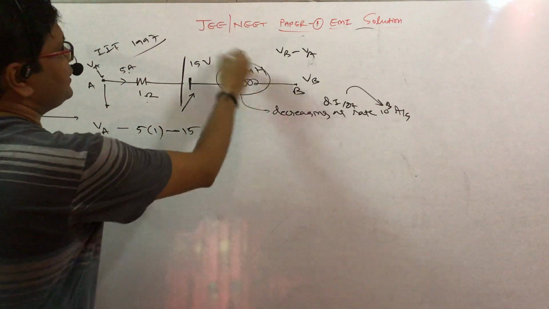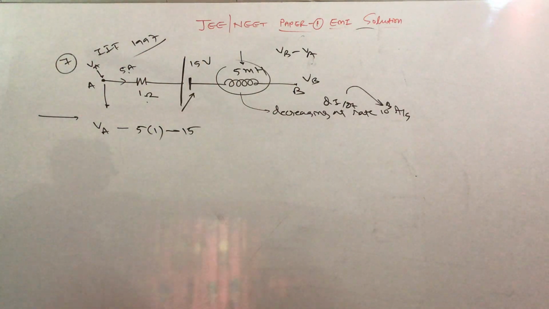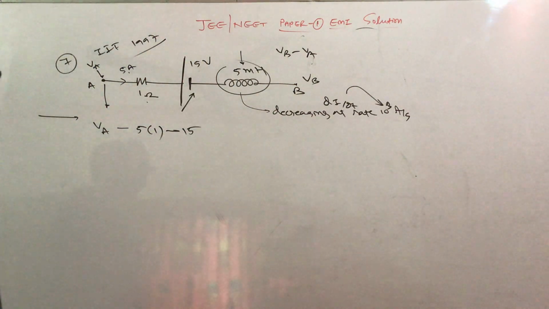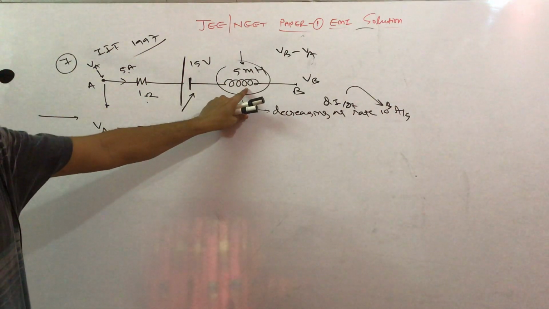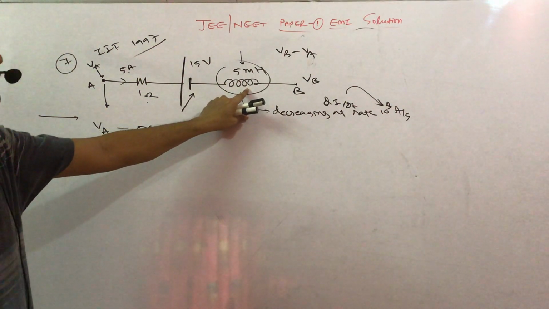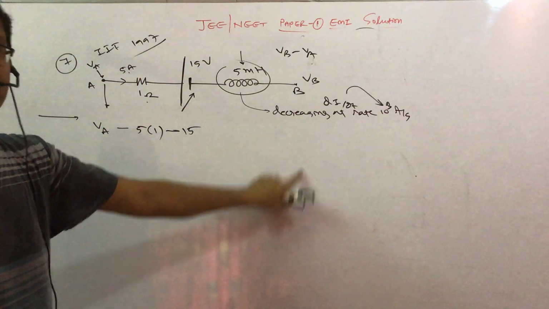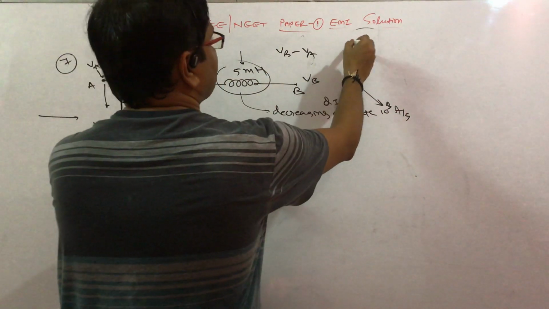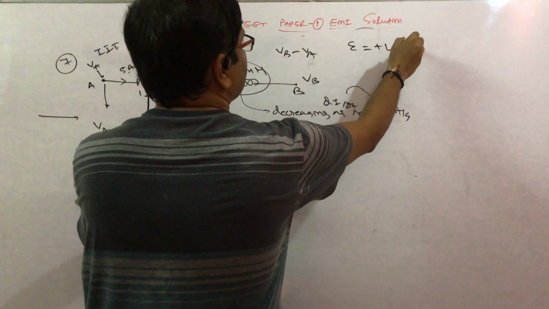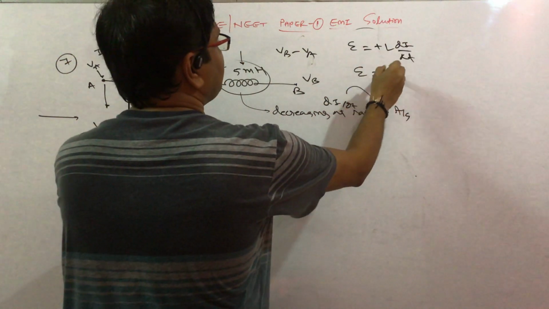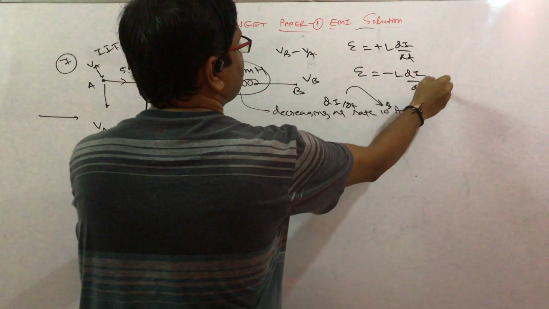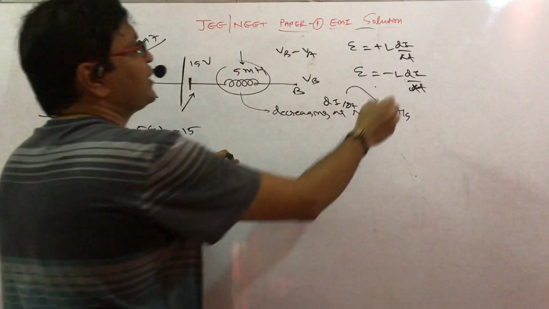Then there is an inductor. I explained in the last part 6, whatever the current passing through the inductor, it is decreasing or increasing. If the current decreases, then you have to consider the potential difference positive. If the current increases, then you have to consider the potential difference negative.